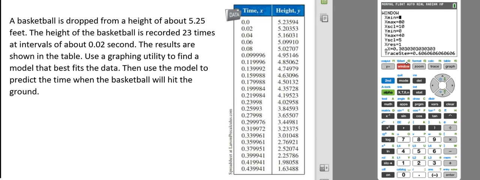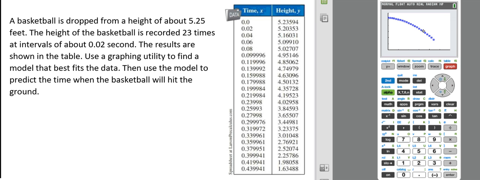So for our window, we'll look at our minimums and maximums for our x and y. So here we'll have an x minimum of 0 and a maximum of 0.6, and we'll go by 0.1 seconds. For our y minimum, we'll have a height of 0 and a maximum height of 6, and then go by 1 unit intervals. And when we graph that scatter plot, here we see what also looks like a quadratic model.